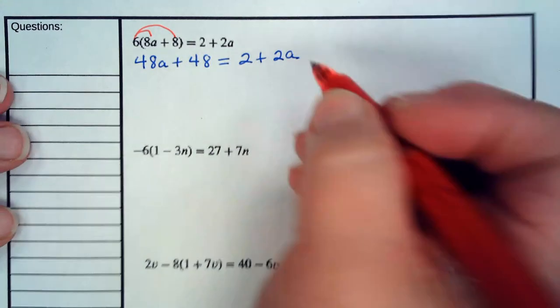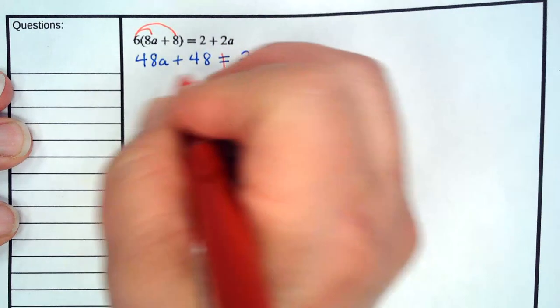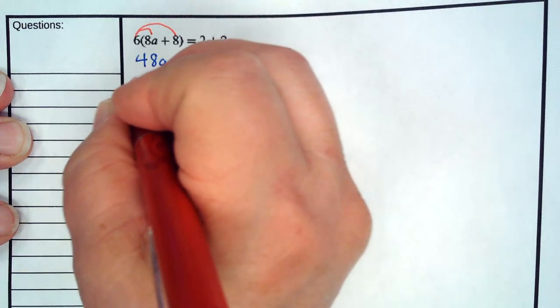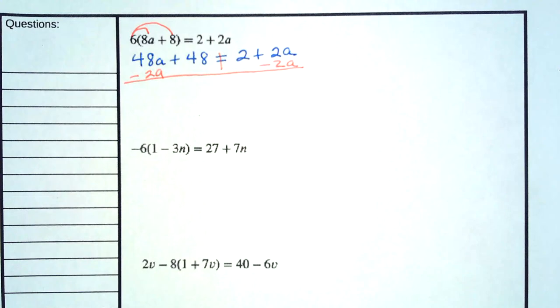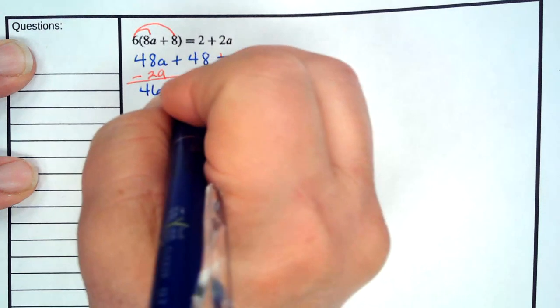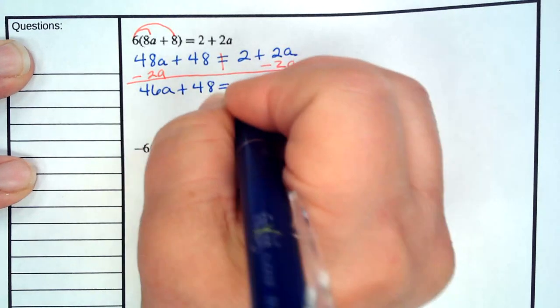Okay, which is smaller, 2a or 48a? Well, 2a is a lot smaller. Subtract 2a from both sides. 46a plus 48 is equal to 2.